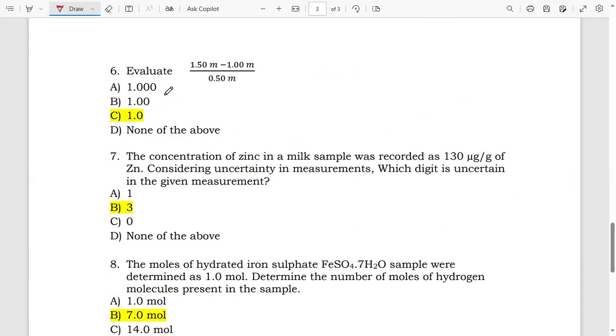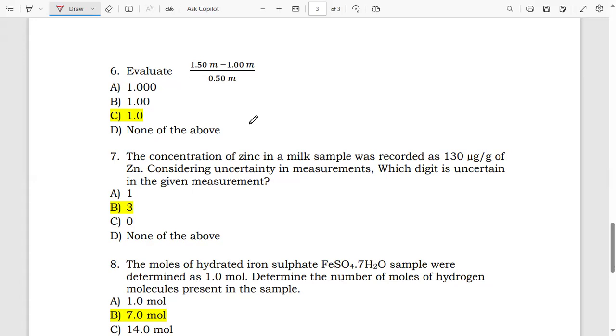Question 6, they're saying evaluate that given expression there. Okay, so evaluate this expression. So here, what they're testing you on is your understanding on how to add numbers that have different significant figures, or how to divide numbers that have different significant figures.